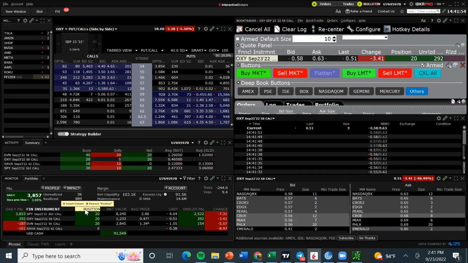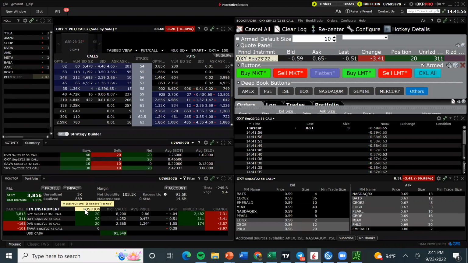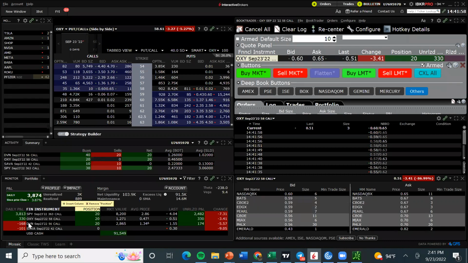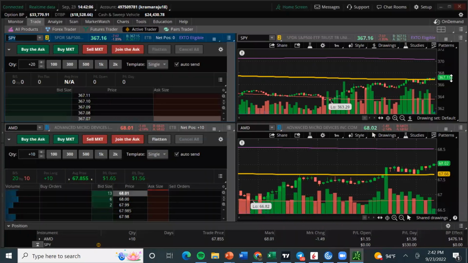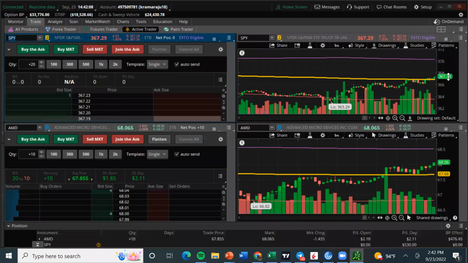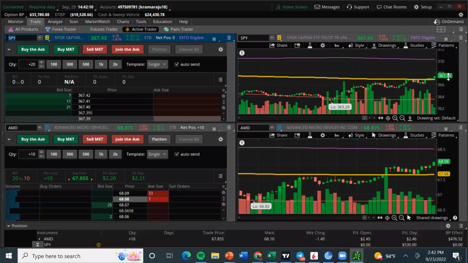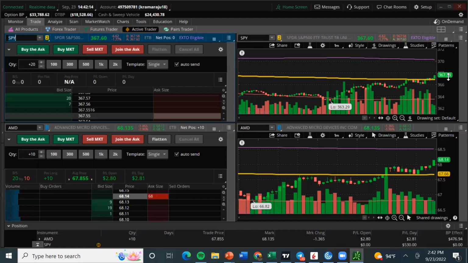Right, SPY crossed 367. Right now you have $3,855 profit. If you go here, you can see 367.15, and it can move to $368. Right, it went to 367.62.